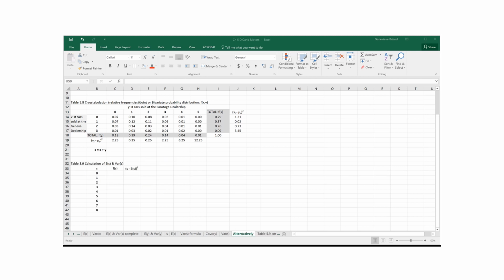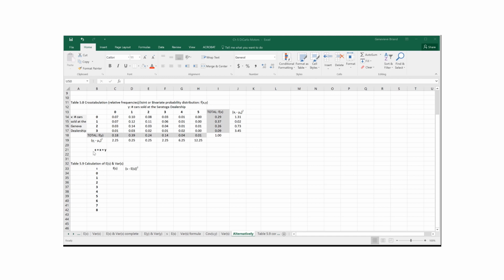Alternatively, to compute expected value of S and variance of S, we could have first built table 5.9 by extracting from table 5.8 the values for S and the corresponding probability of likelihood of occurrence for each value of S. So f of S, that's the likelihood of occurrence of each value of S. X values range from 0 to 3 and y values range from 0 to 5.